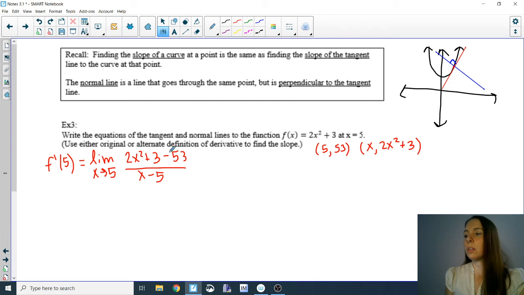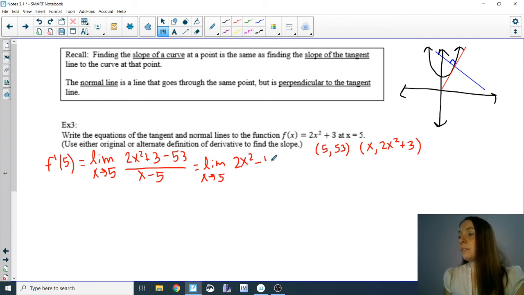Nope, look at this, 3 minus 53. Those are like terms. This is 2x squared minus 50 over x minus 5. Now we'll go down here. You can factor a greatest common factor of 2 out of the numerator.